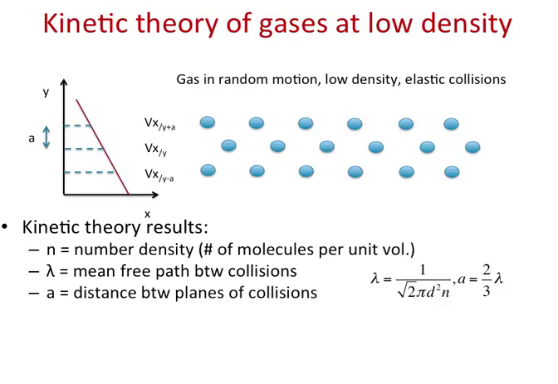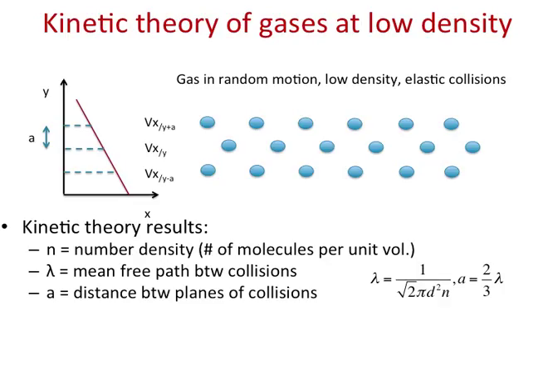Now, this lambda is not necessarily in a coordinate direction. It's in any direction. It's a randomized system. So a is my average distance in one of the coordinate directions between those two points. Does that make sense? That a is slightly less, it's 2/3 lambda, taken statistically.